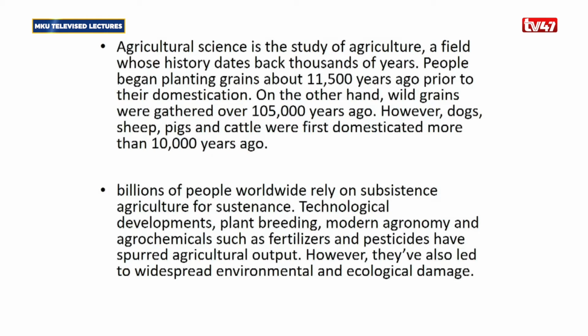Technological developments through plant breeding, modern agronomy, and agrochemicals such as fertilizer and pesticides have spurred the agricultural output. However, as those developments have come, they have also led to environmental and ecological damage.